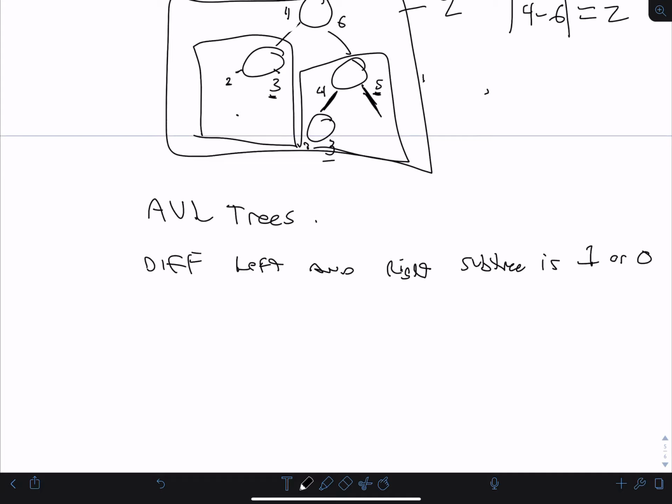Is AVL like a subclass of balanced tree, or is it its own thing? I would say that AVL trees are a special category of binary trees that are balanced. Yes. So I guess the way you said it is right, too.